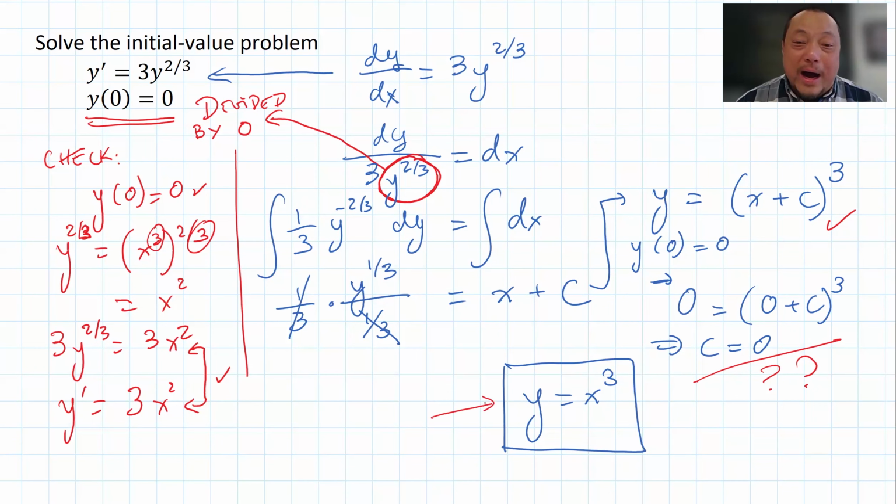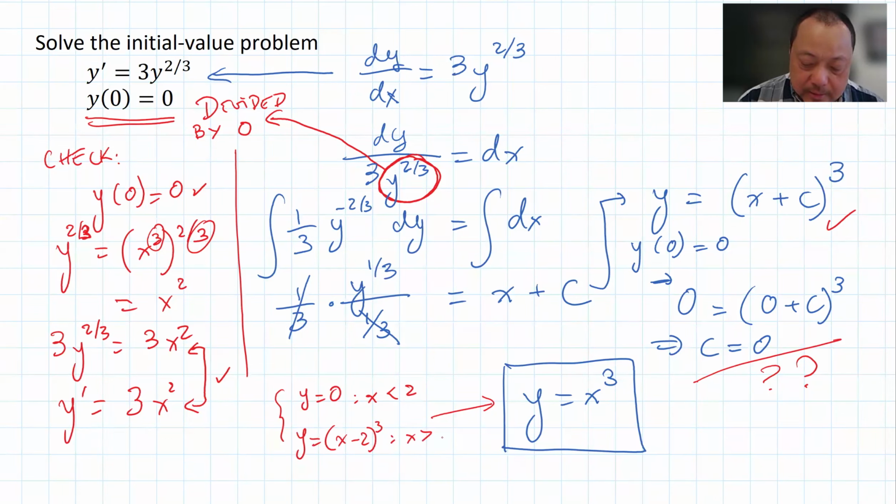And so now we know why this solution is questionable, but you can tell that there's no obvious way of going from this solution, separation of variables, plus recognizing that we shouldn't be dividing by 0, to a solution like y equals 0 for x less than 2 and y equals (x minus 2) cubed for x greater than or equal to 2.